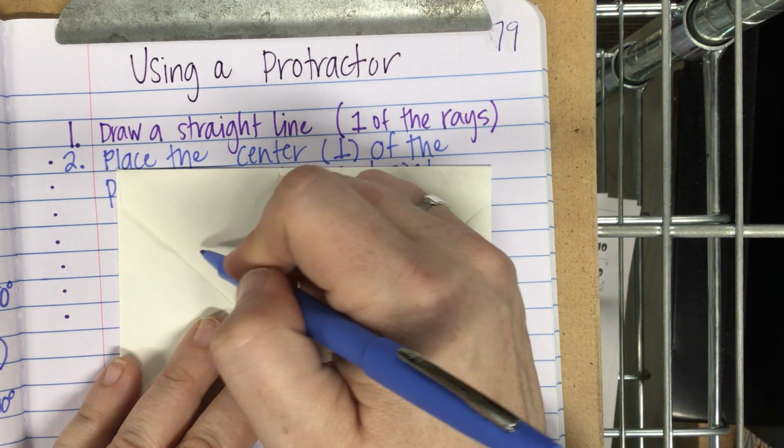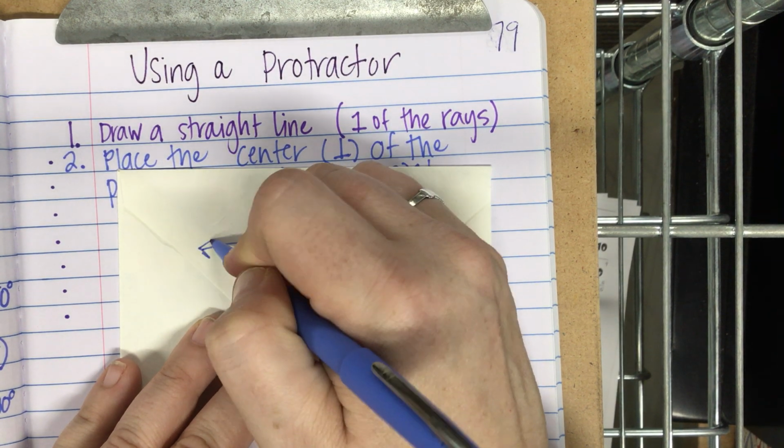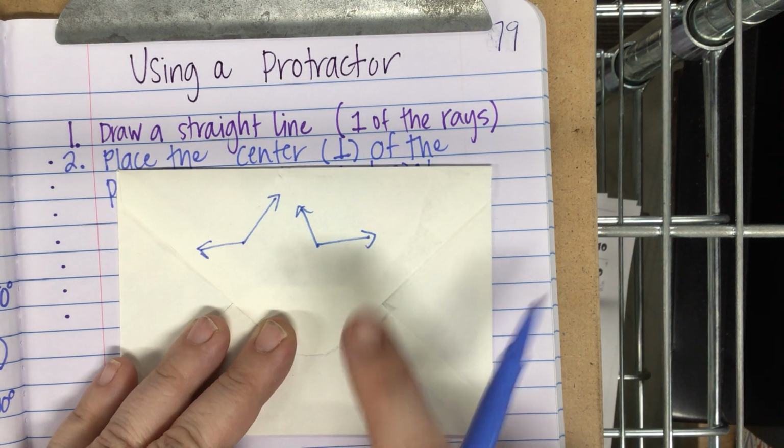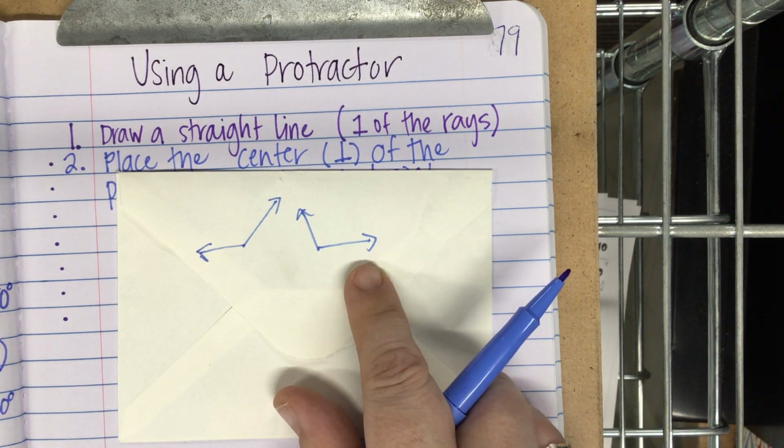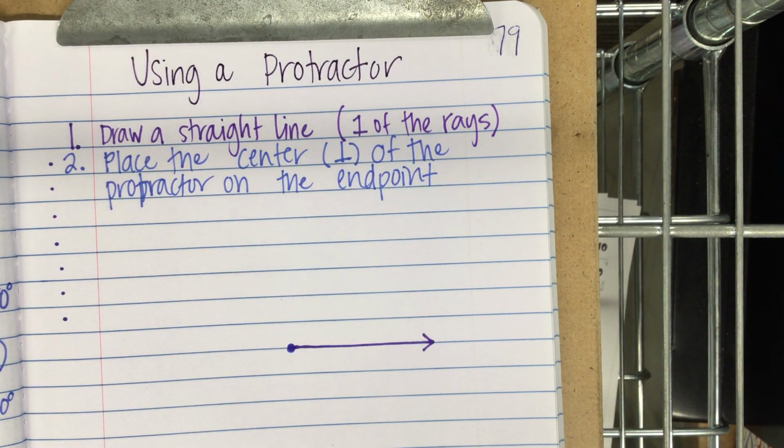You need to be able to measure it. Both of these are obtuse angles, so you need to be able to measure both ways.